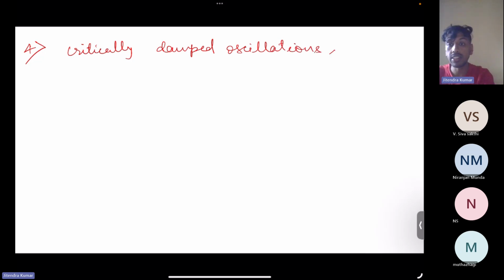The fourth problem states critically damped oscillation when external resistance is 125 ohm. So we need to find the critical damping constant in nanonewton meter per degree per second.